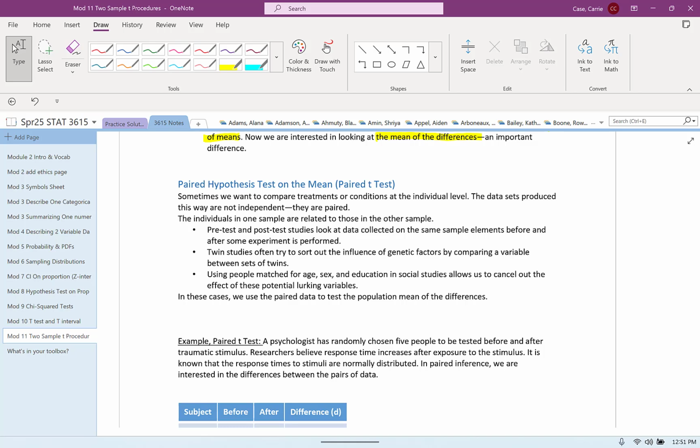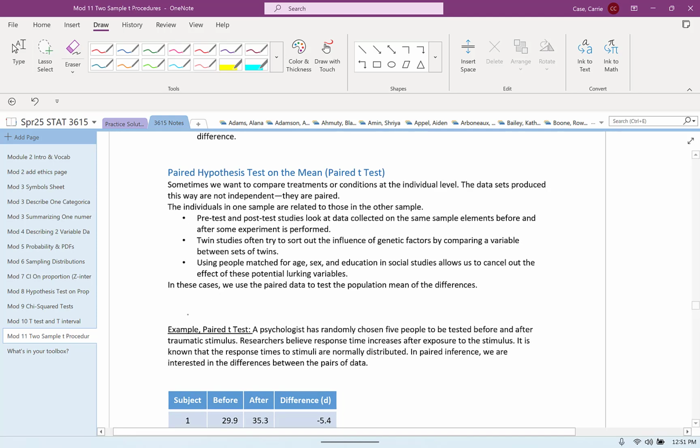Twin studies often try to sort out the influence of genetic factors by comparing a variable between sets of twins. Using people matched for age, sex, education levels, and a social study allows us to cancel out the effects of these potential lurking variables.